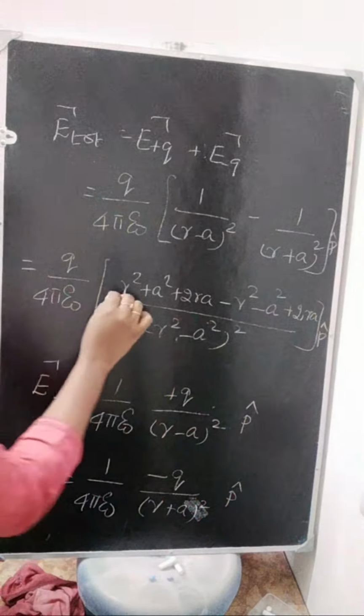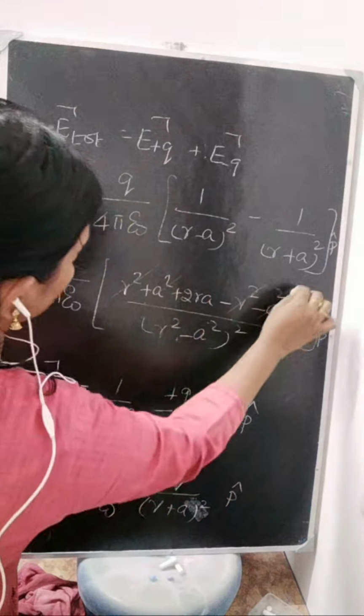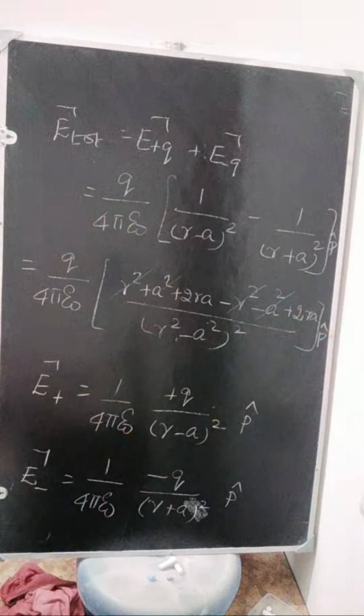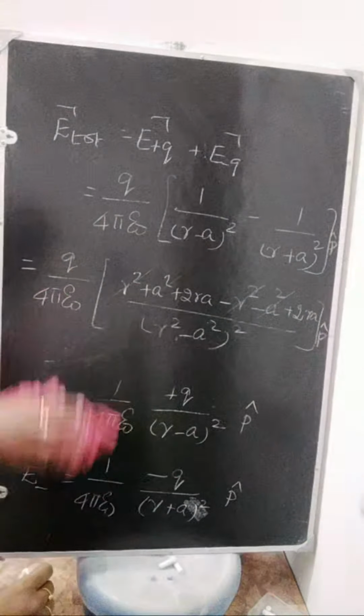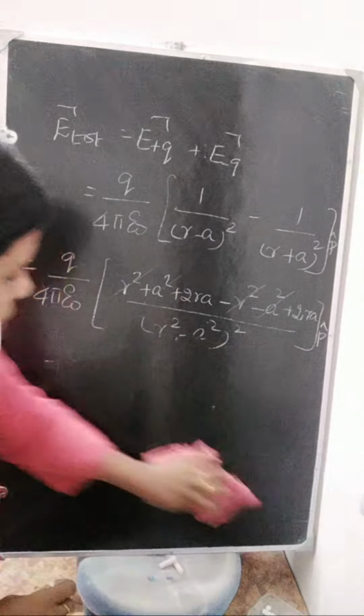Okay, now these terms R square, A square, R square, A square will get cancelled. Only 2RA and 2RA is left. So if you add those values, what will you get?